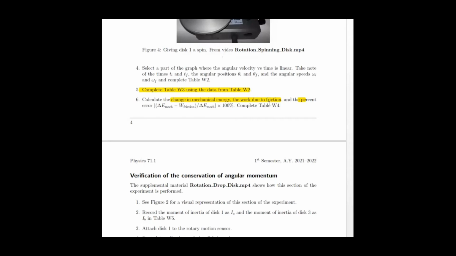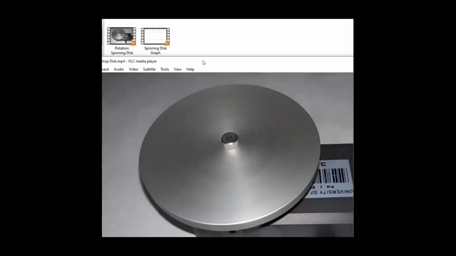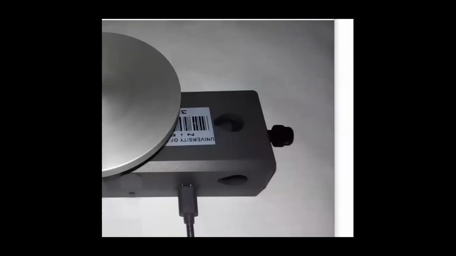So this is for table 4. So next, we verify the conservation of angular momentum. The supplemental material is rotation drop disc. This one, teka lang. Minimize.